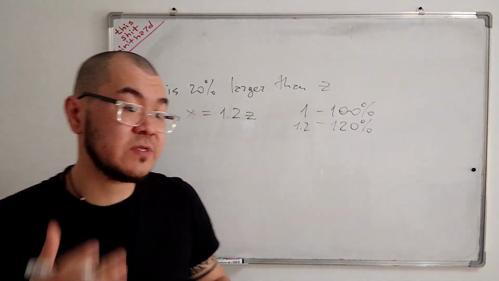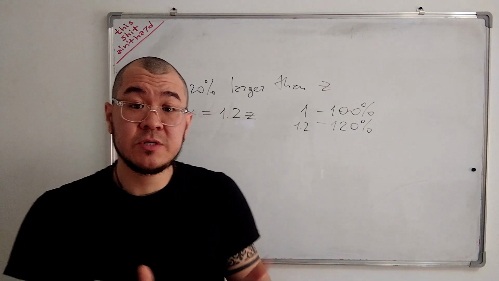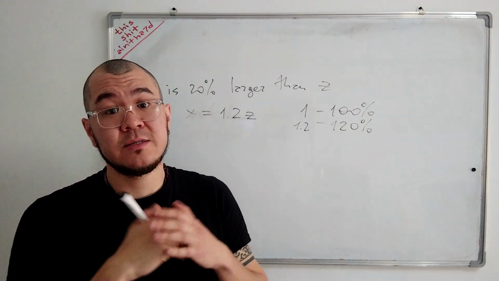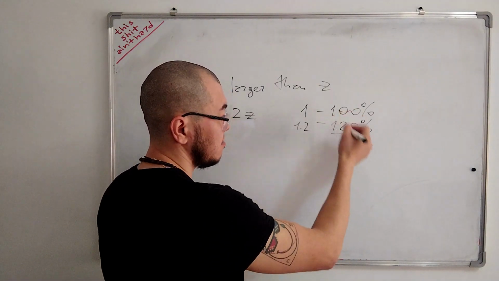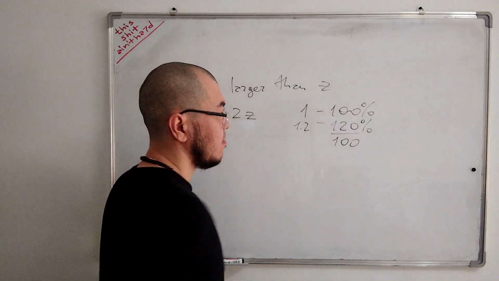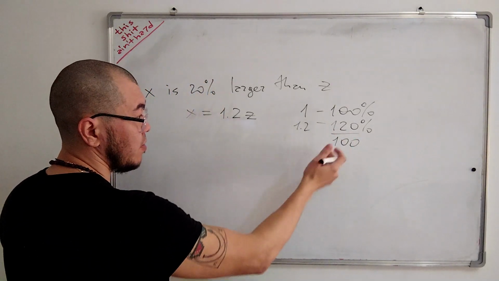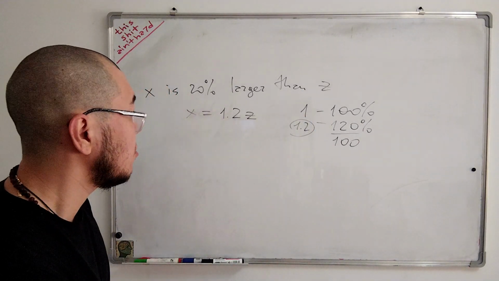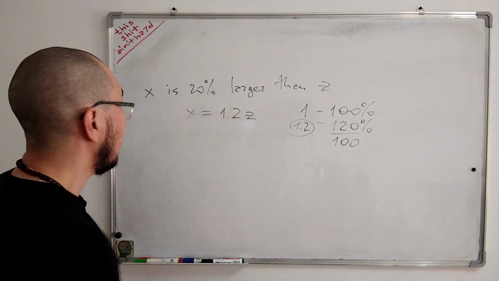If we have some percents and need to write them as decimals, we divide by 100. If we divide 120 by 100, we get 1.2. So x is equal to 1.2z.